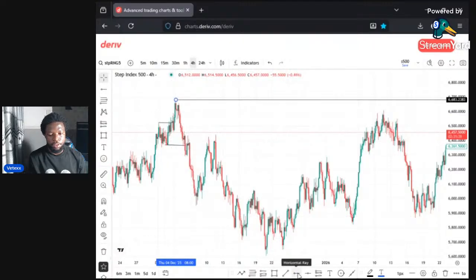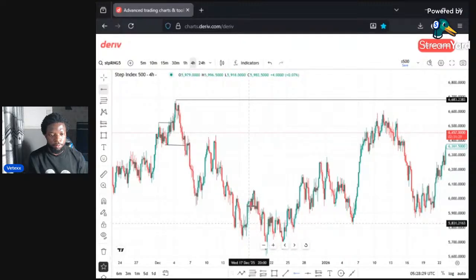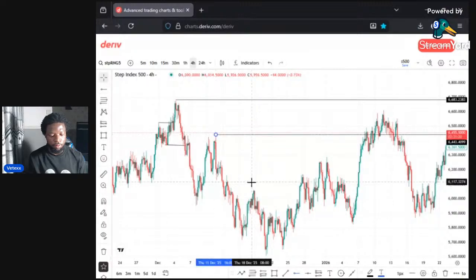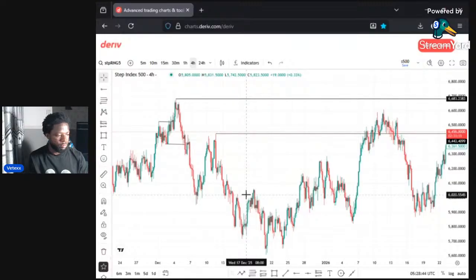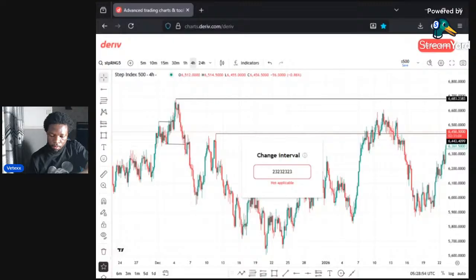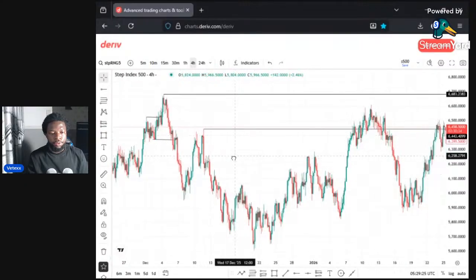And then rule number three, price retraces 50% to give us our structural liquidity, which is this. Okay, good. So this is rule number three.